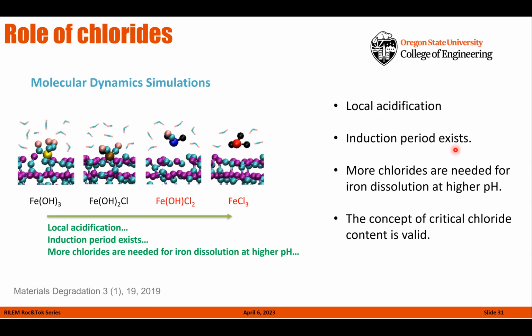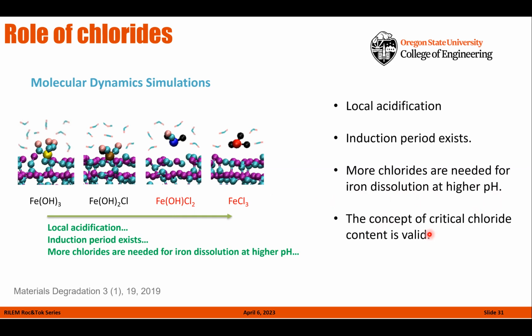It explains the induction period, because these iron vacancies that are formed have to travel through the passive film to get to the steel metal-oxide interface to create that depassivation breakdown process. You need, as I said, higher levels of chlorides to create iron dissolution at a different pH.